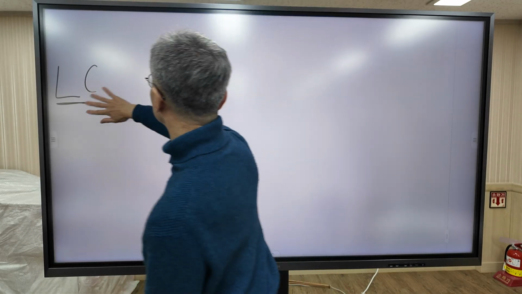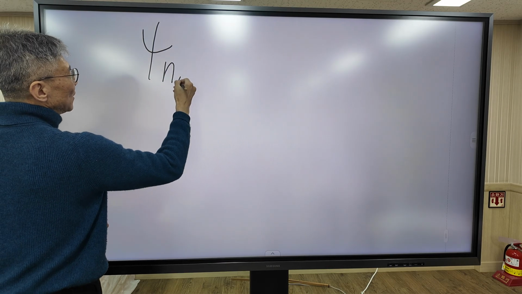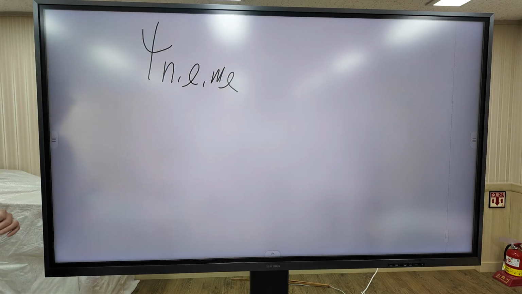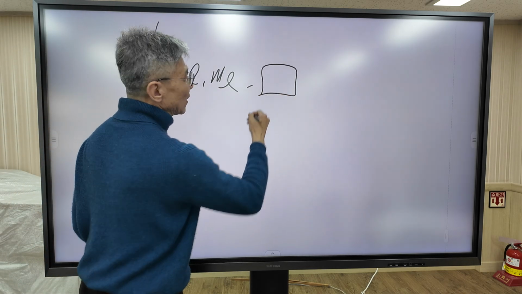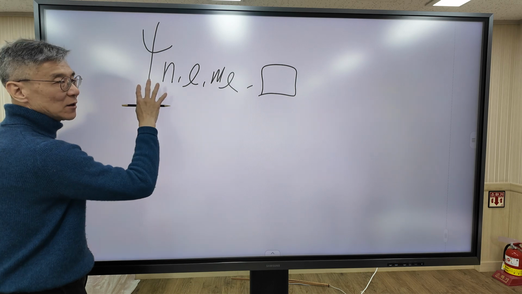Up to now, we have represented the wave function with 3 quantum numbers: n, l, m_l. But according to experimental observation, a 4th number is needed. There are experimental observations that cannot be explained using only 3 quantum numbers.